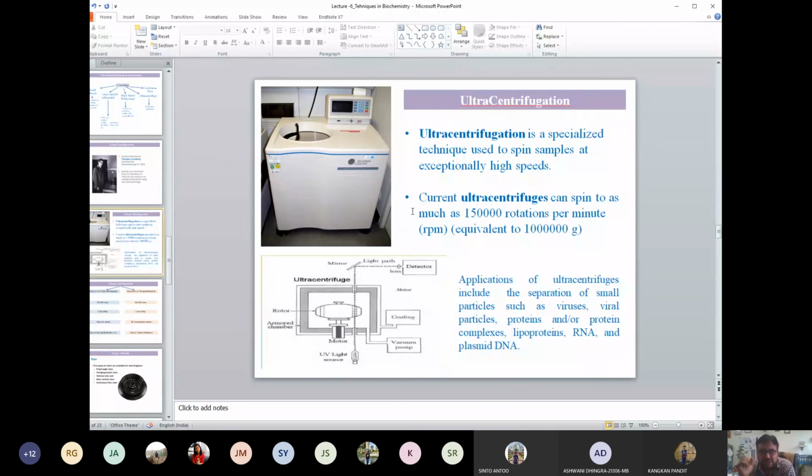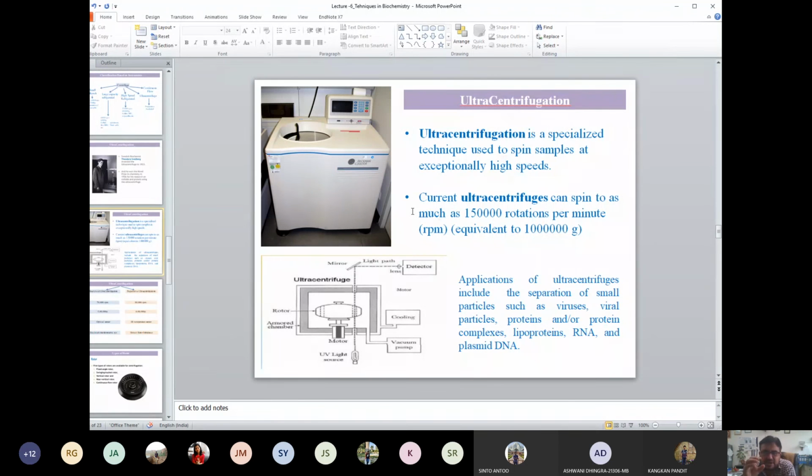If you see the ultracentrifugation, I have just shown one figure here. This is an ultracentrifuge of Beckman. Beckman is a multinational company which makes this ultracentrifuge. This is a specialized technique used to spin samples at exceptionally high speed.